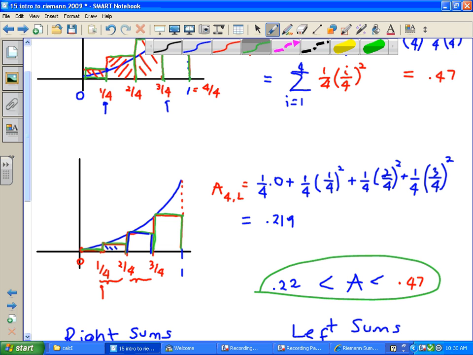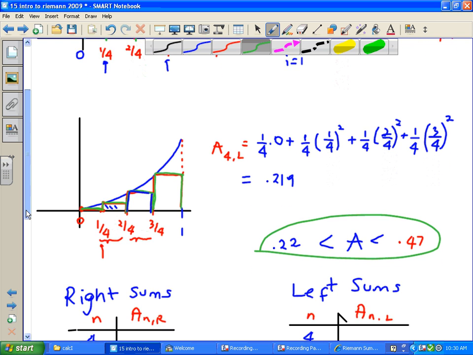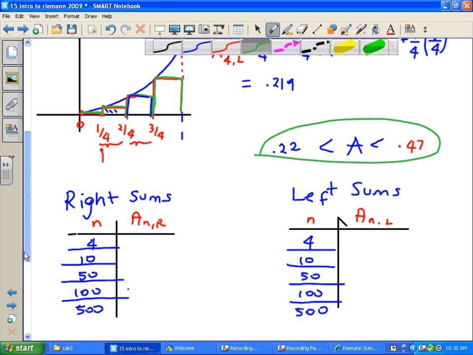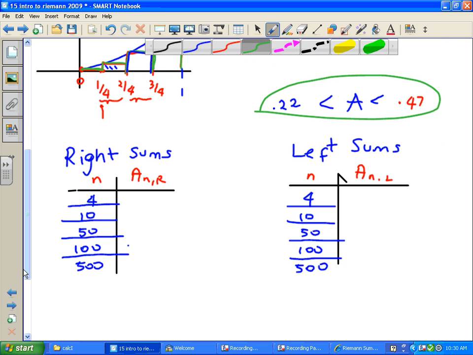In just a few moments, we're going to be able to fill out the following 2 tables, and I'm going to give you some time. I'm going to explain to you what to do. The right sums and the left sums. We already have the answer for 4 rectangles, right? In a little, we're going to do 10, 50, 100, and 500 rectangles. Same thing for the left sums.